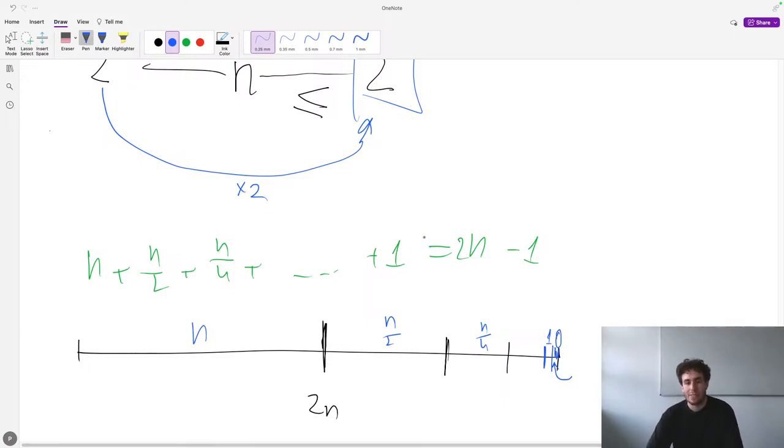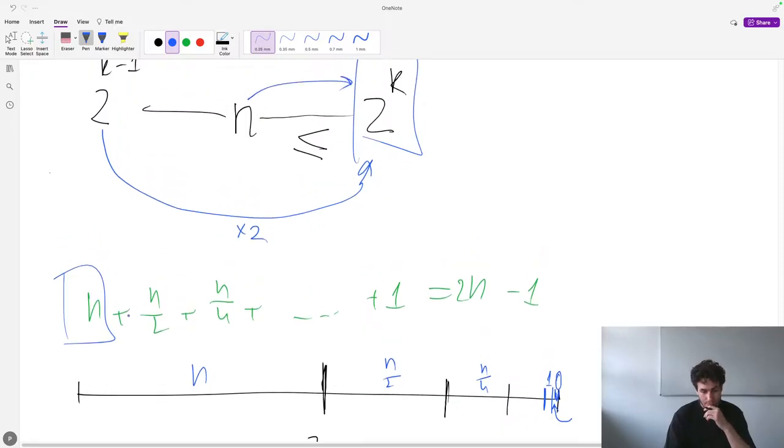So indeed, the sum is equal to 2n minus 1. But in general, just think about it as a geometric progression, which exponentially decreases, so the sum is proportional to the first term. Okay. So we have a linear number of vertices. Here, do you believe me?